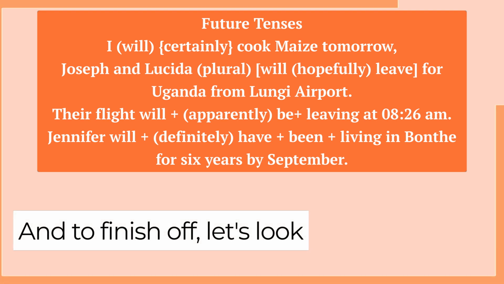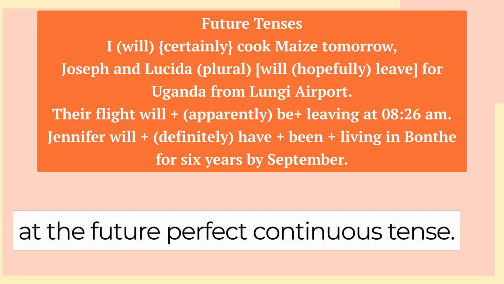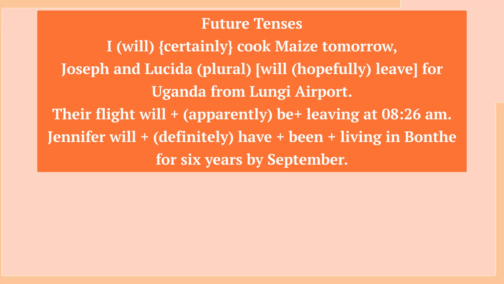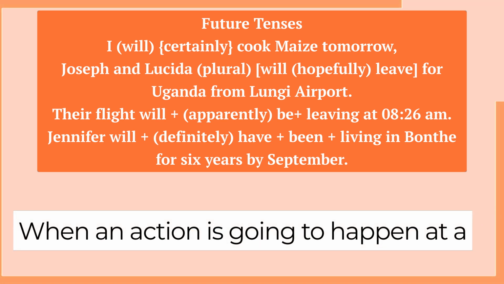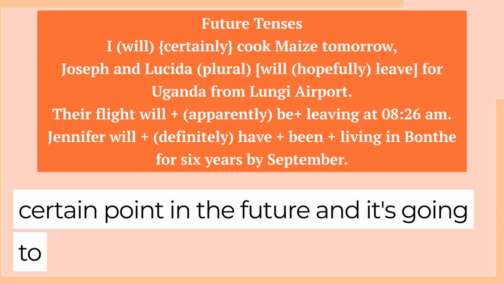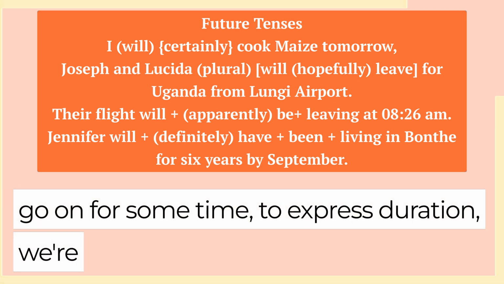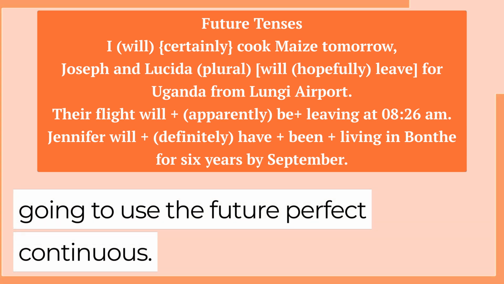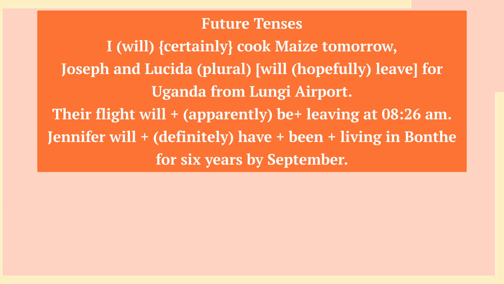And to finish off, let's look at the future perfect continuous. When an action is going to happen at a certain point in the future and it's going to go on for some time, to express duration, we're going to use the future perfect continuous.